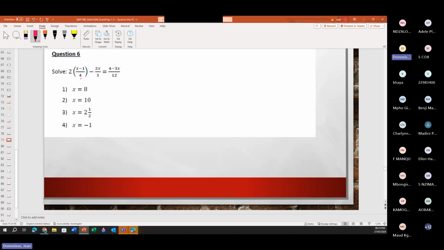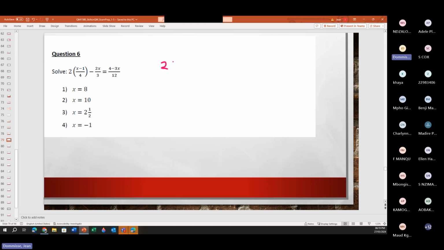Okay, so let's just quickly rewrite this over. We've got 2x minus 1 divided by 4, minus 2x over 3, that is equal to 4 minus 3x over 12.